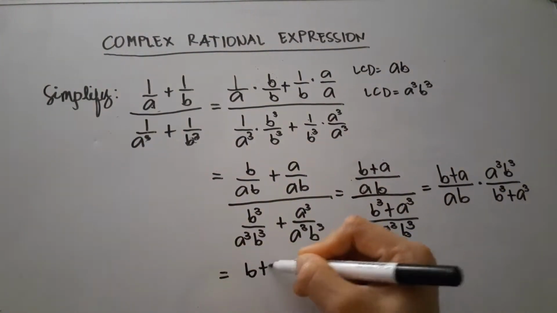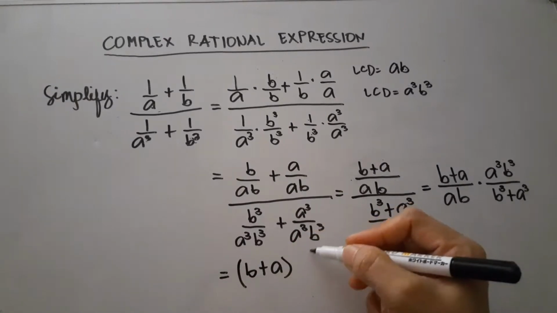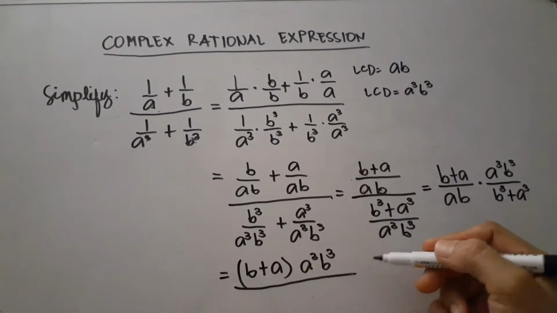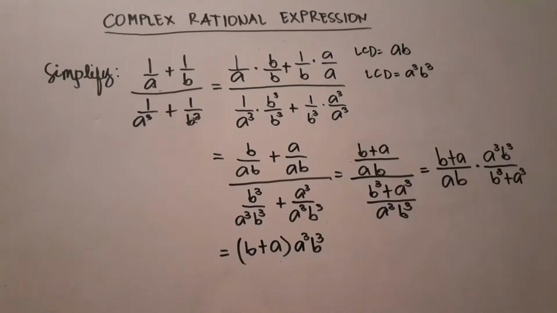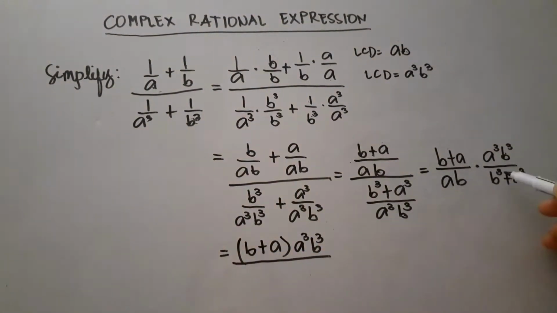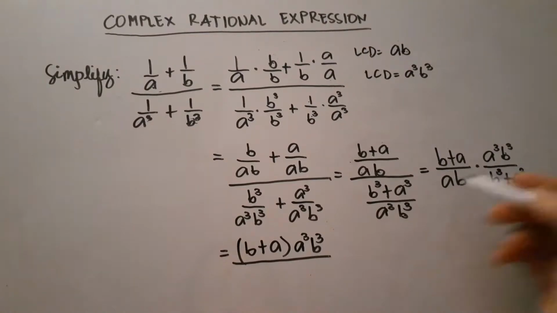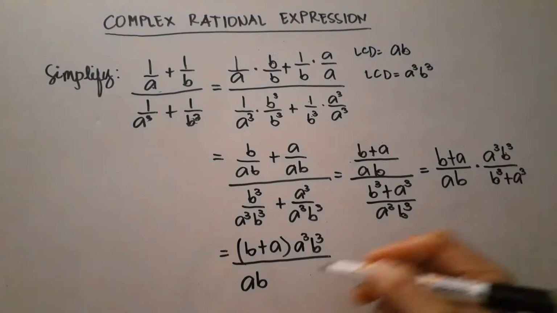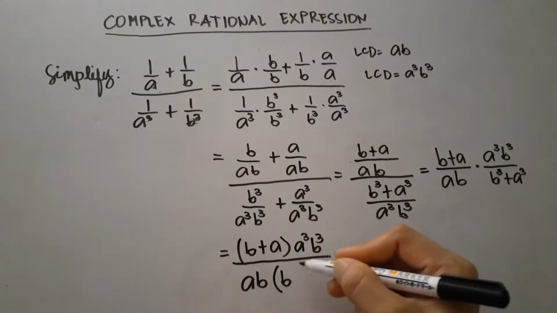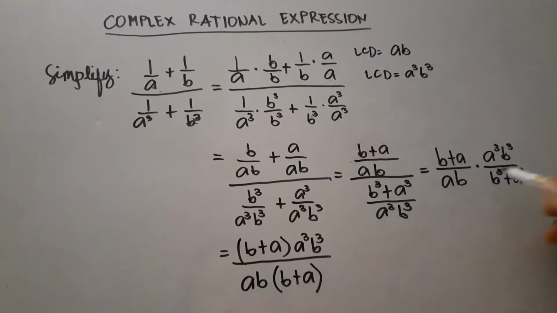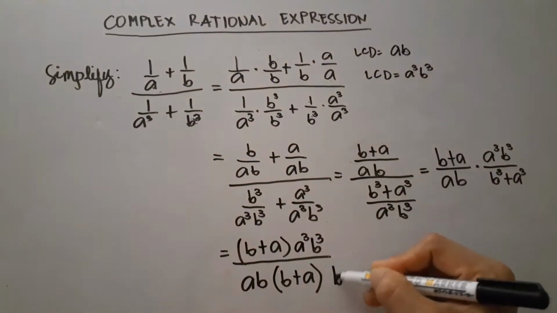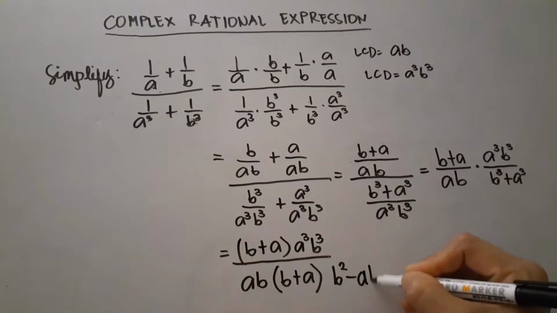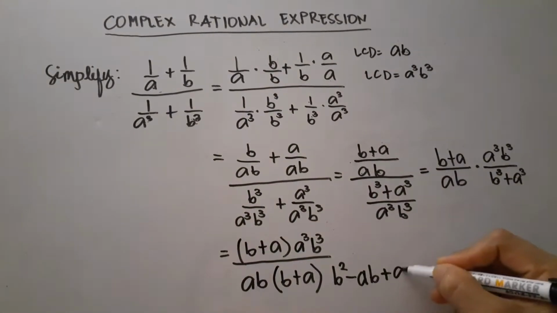So we have b plus a over ab, multiplied by a cube b cube, and then this is the formula for the sum of cubes, so we have b plus a, b squared minus ab plus a squared.